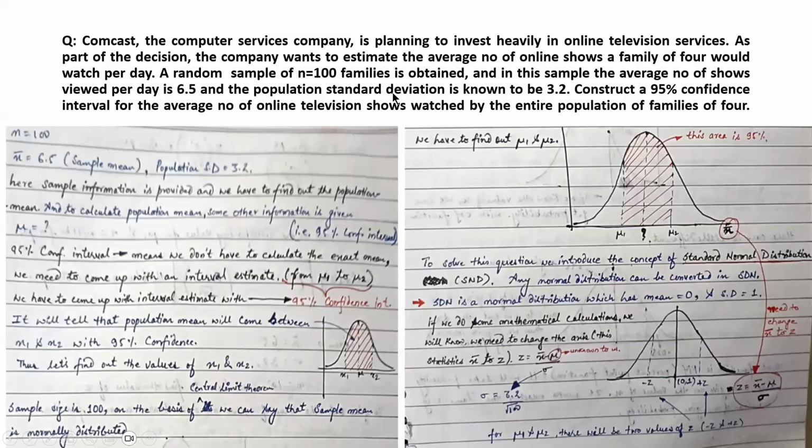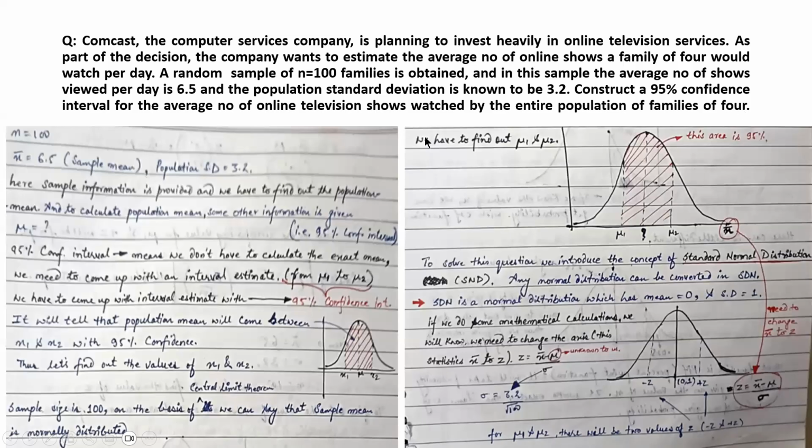So the population standard deviation is given to us, and the mean of the sample is given, that is 6.5. Now construct a 95% confidence interval for the average number of online television shows watched by the entire population of families of four. Now this question is a little bit tricky.